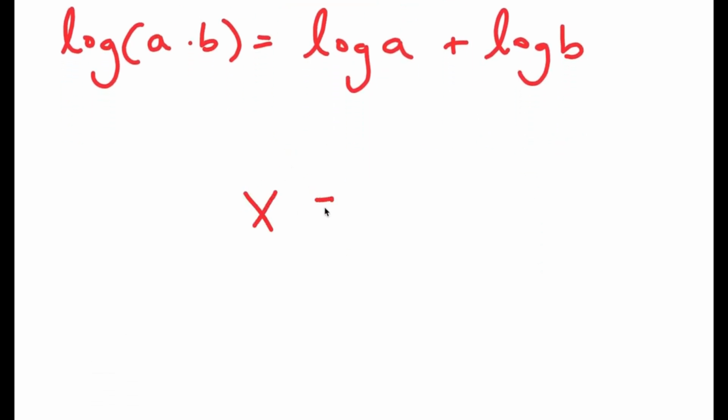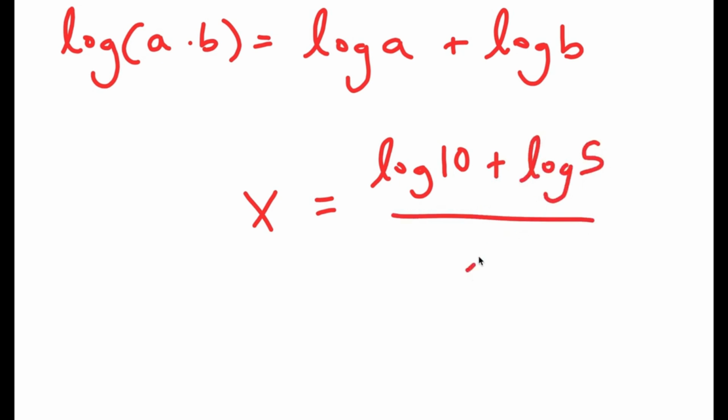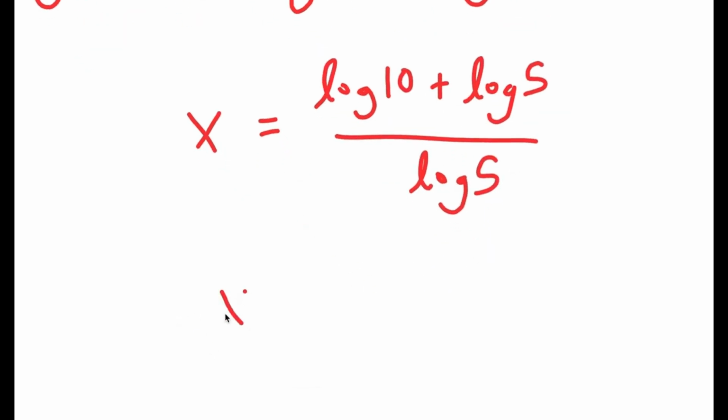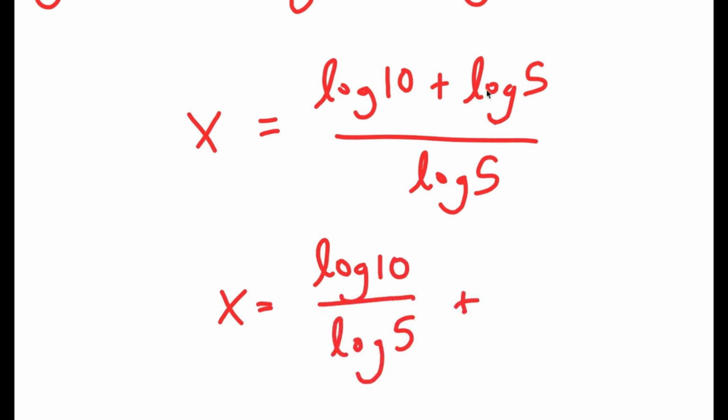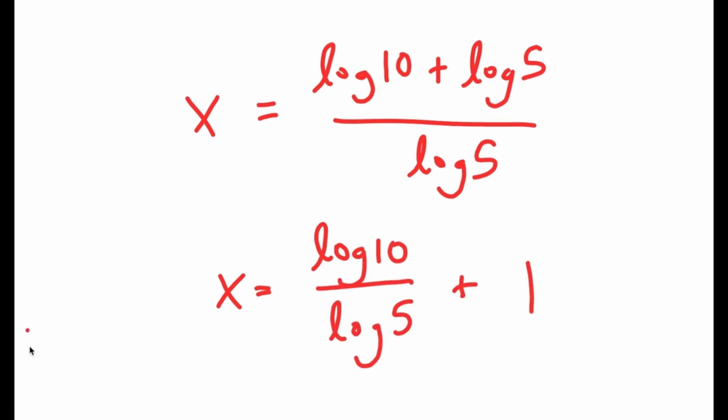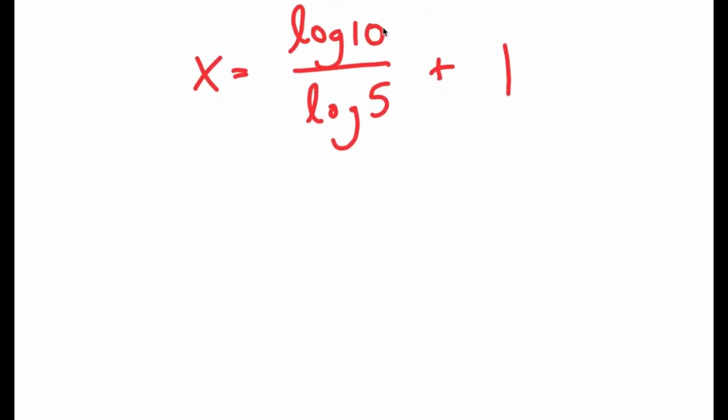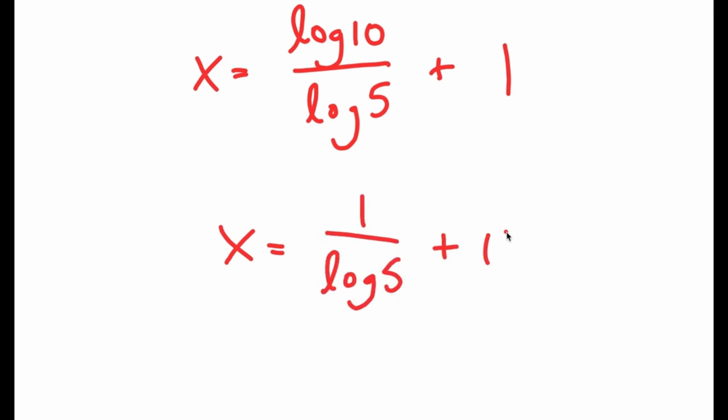So now this turns into log 10 plus log 5 over log 5, which is the same thing as log 10 over log 5 plus log 5 over log 5, which is just 1. And log 10 is also equal to 1. So I get x equals 1 over log 5 plus 1.